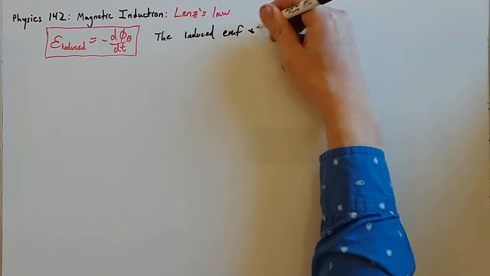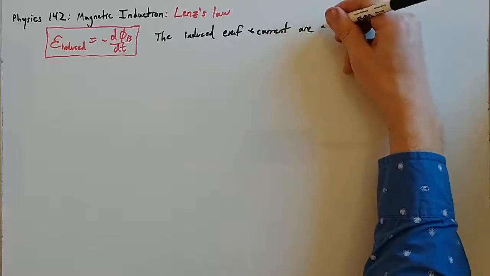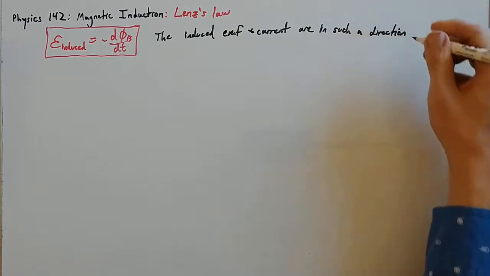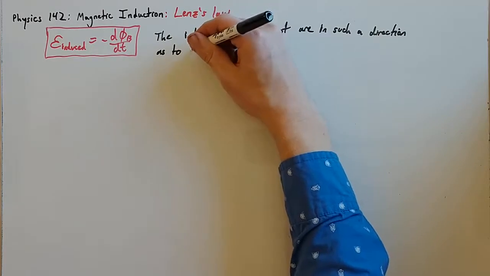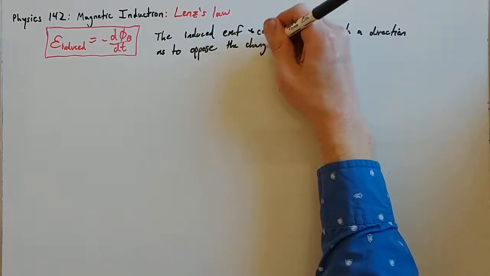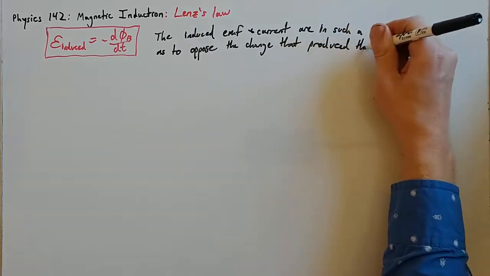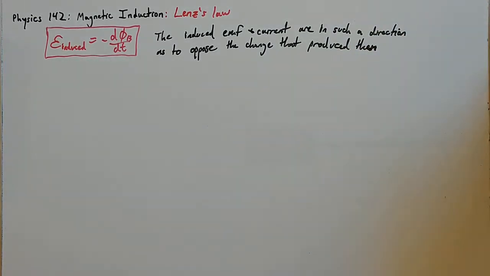The induced EMF and current are in such a direction as to oppose the change that produced them. Wow, what does that mean? How do we understand that? Well, I think we can best understand this through a couple of examples.